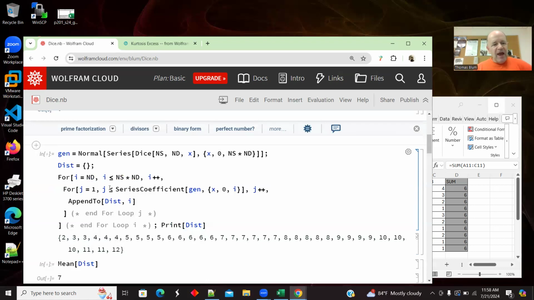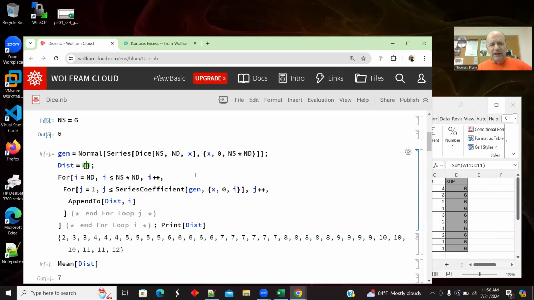Okay. Now I start off with something I'm calling this distribution I'm going to make, and it starts off empty. And then I have a loop over the terms. So the lowest term is X to the ND, all ones.